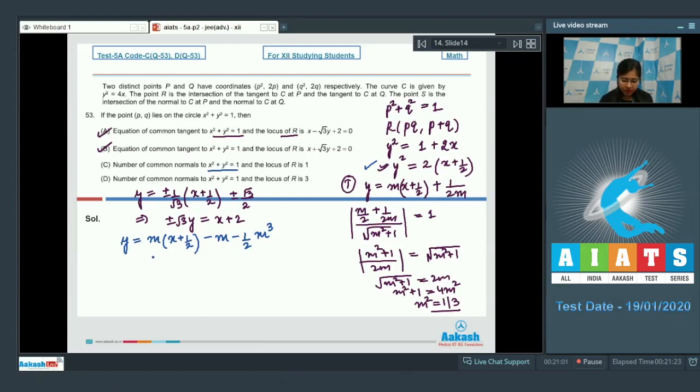So it passes through 0, 0, which means m by 2 minus m, that is minus m by 2 minus m cube by 2 is equal to 0. So from here we get only m equal to 0. So which means that the only common normal is y equal to 0, that is x-axis. So C is the correct answer. So answer is A, B and C.